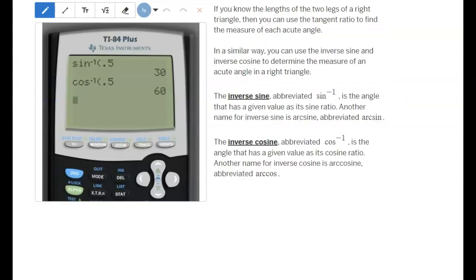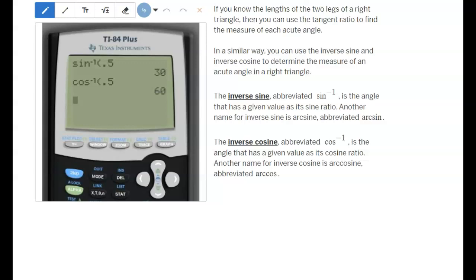If you know the lengths of two legs of a right triangle, then you can use the tangent ratio, the sine or the cosine ratio to find the measure of each acute angle. In a similar way, you can use the inverse sine and inverse cosine to determine the measures of an acute angle in a right triangle.